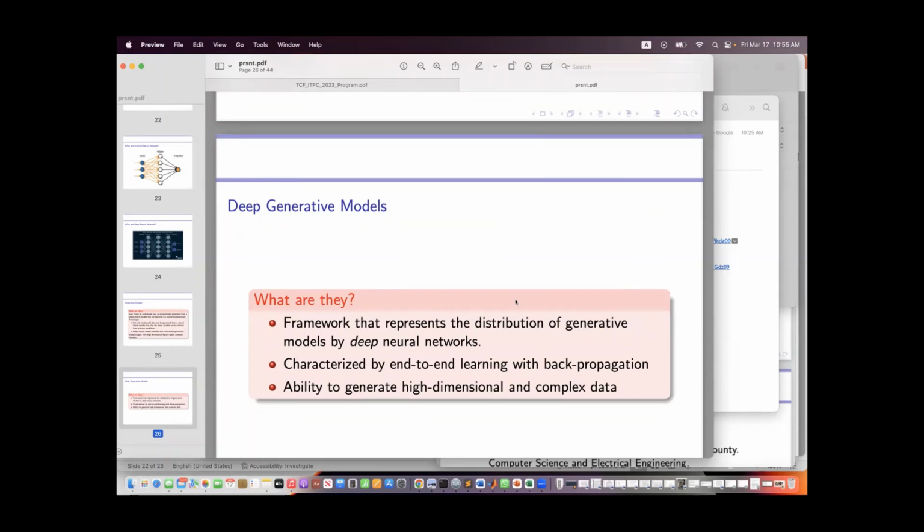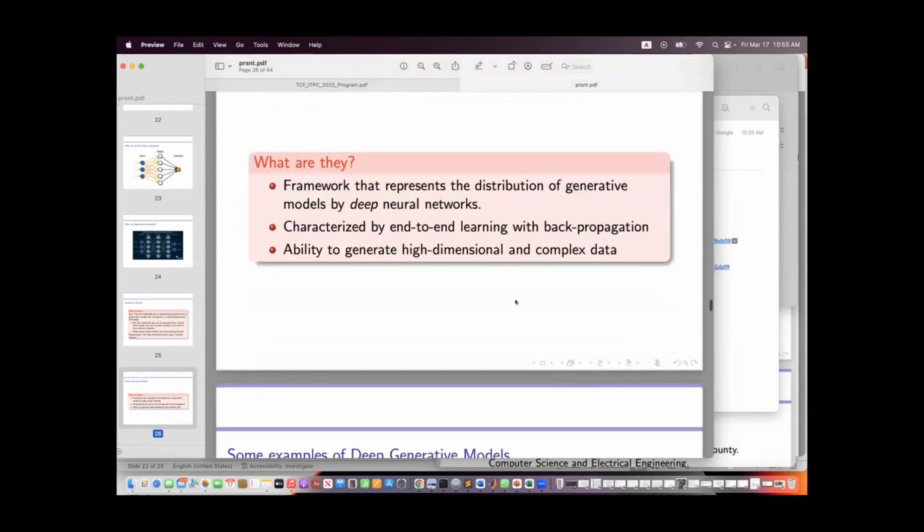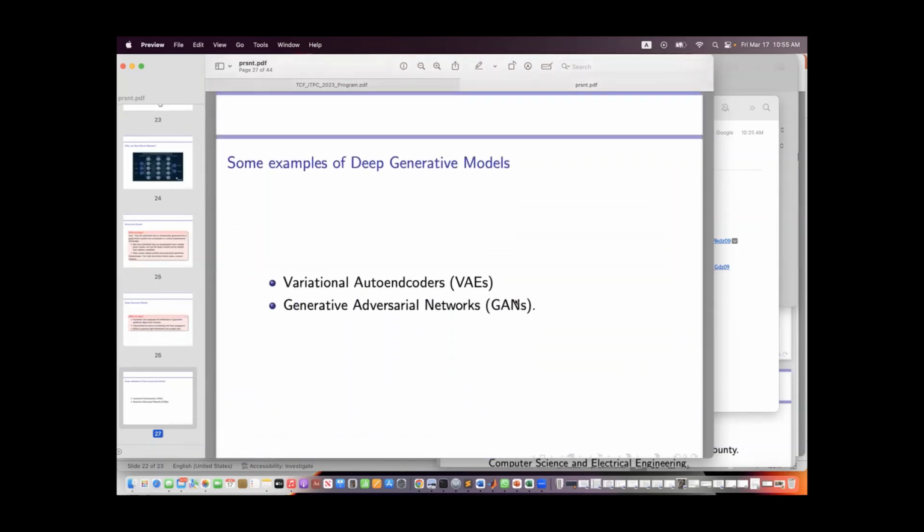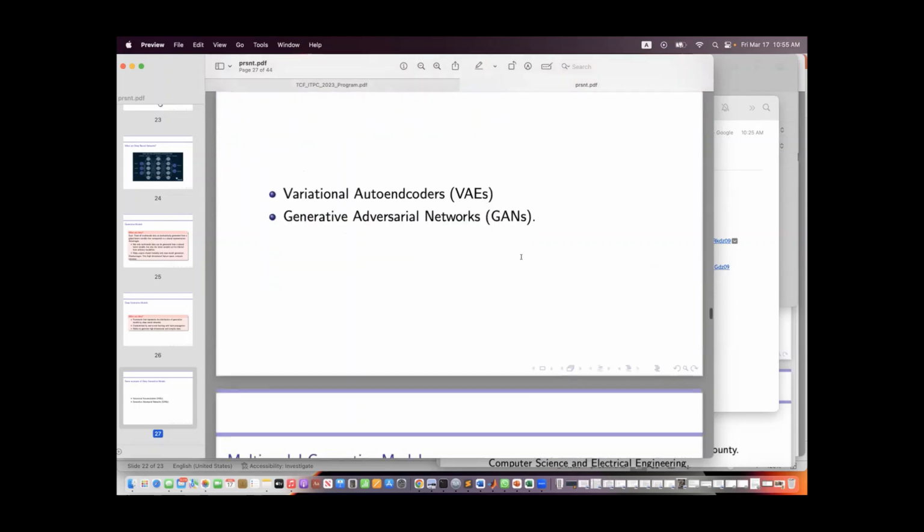It has the ability to generate high-dimensional and complex data. There are multiple kinds of these deep generative models. One of them is variational autoencoders. The other is generative adversarial networks. In our project, we have mainly tried out variational autoencoders at the moment, but we will definitely move on to GANs as well.